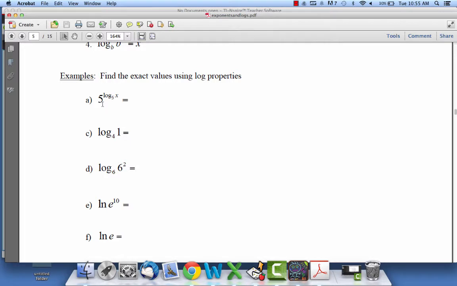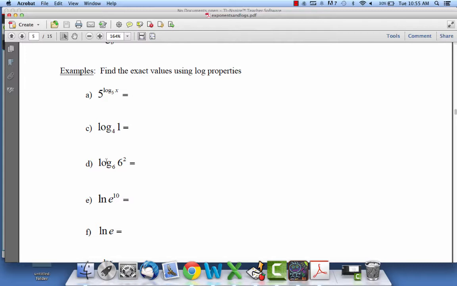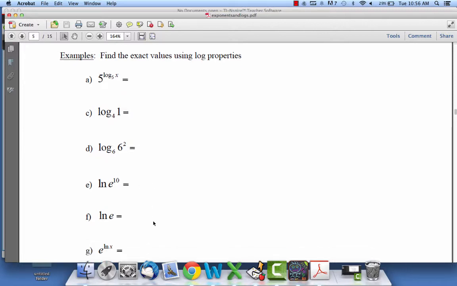Okay, so 5 to the log sub 5 of x, x. Log sub anybody of 1, 0. Log sub 6 of 6 squared, 2. The log sub 6 of 6 cancels. Natural log is log base e. So natural log of e to the 10, 10.